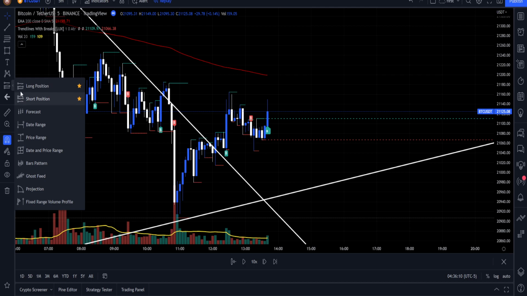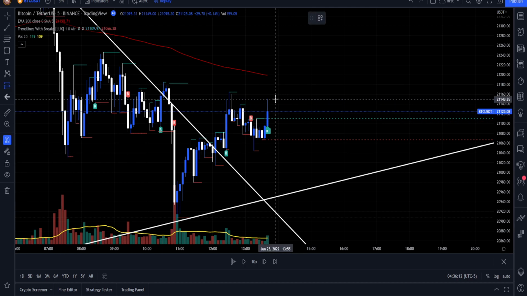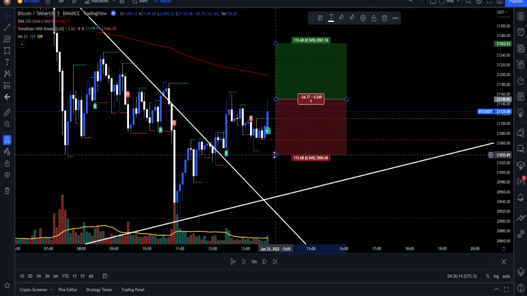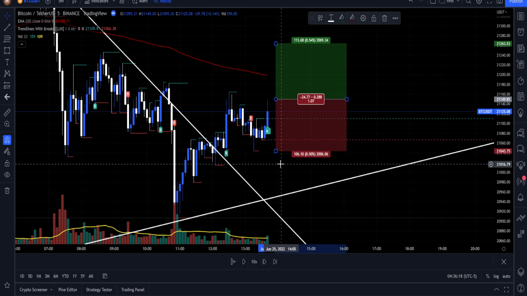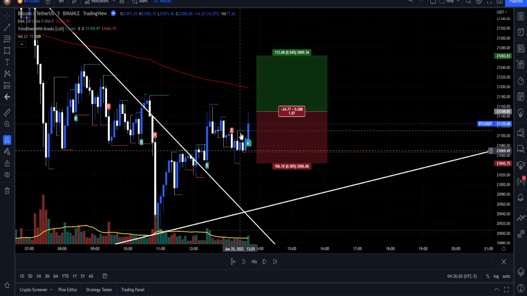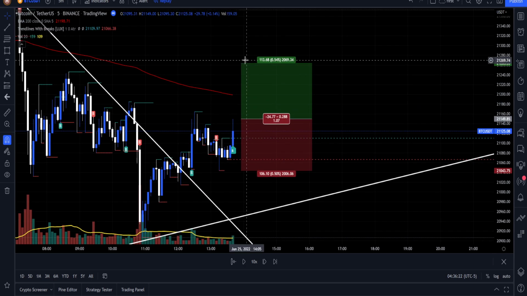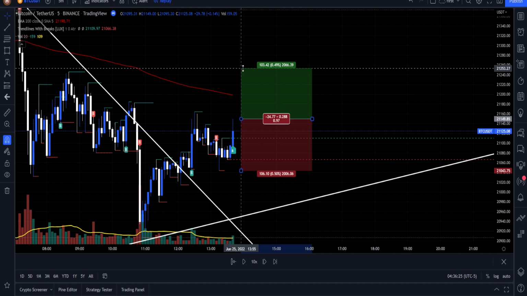We could look to take out a long from the top of this candle and put our stop loss down here at the recent swing low. Now I like to use 1-to-1 to be my risk off.